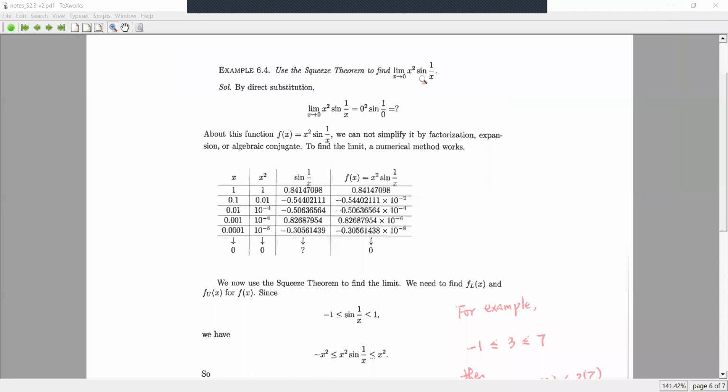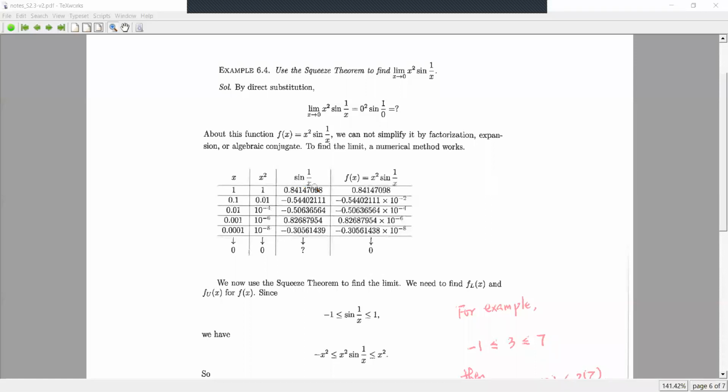About this limit, a numerical method works well. Here is a table about the limit. This function has two factors. One is x squared. The other one is sine of 1 over x. As x approaches 0, x squared approaches 0.